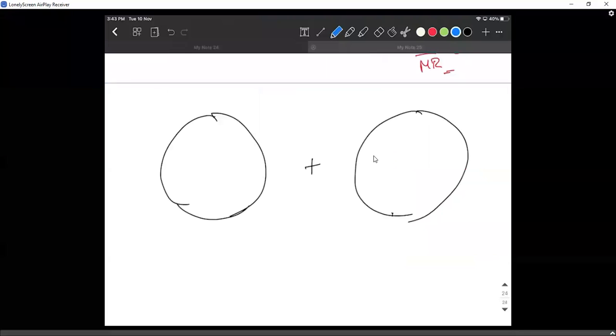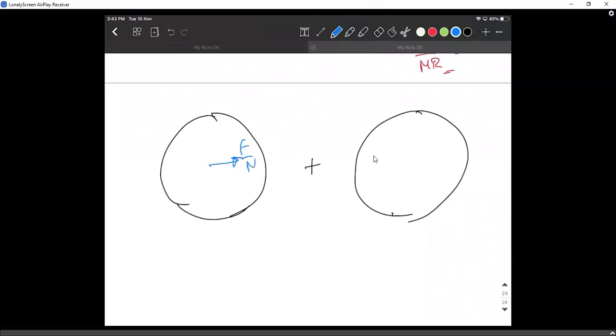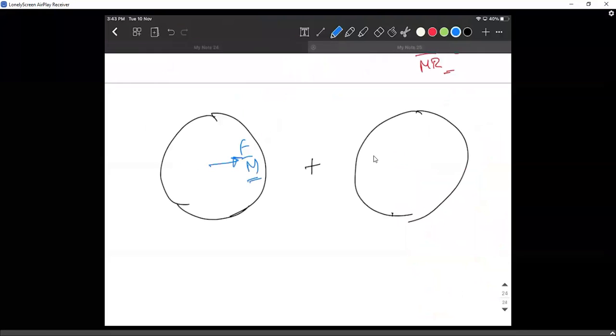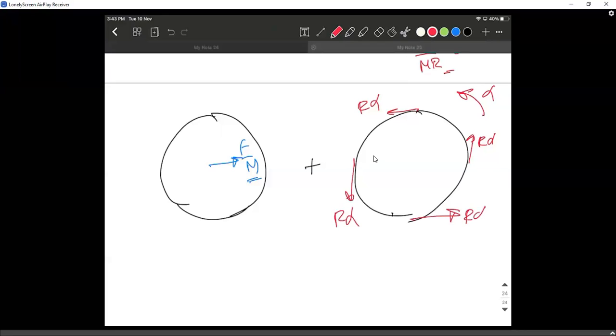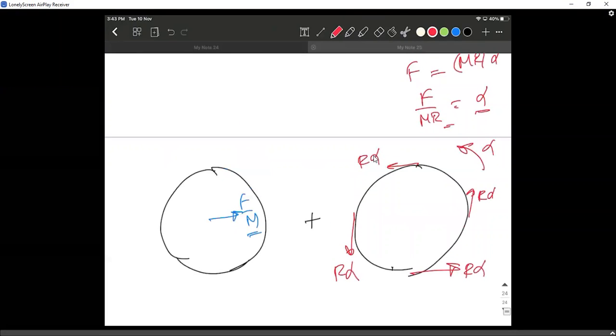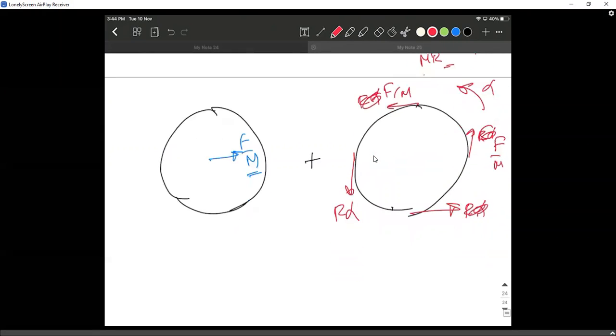In the linear acceleration, every part of the body has F by M. But because of alpha, all the particles have R alpha. Multiplying alpha by R, R alpha is nothing but F by M.